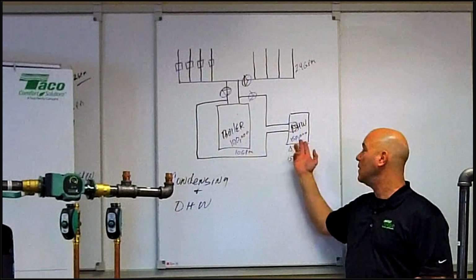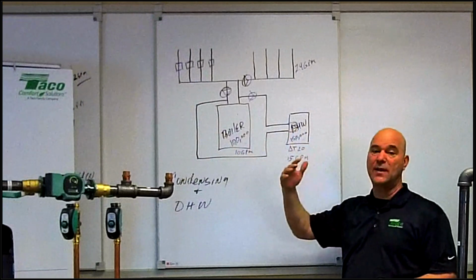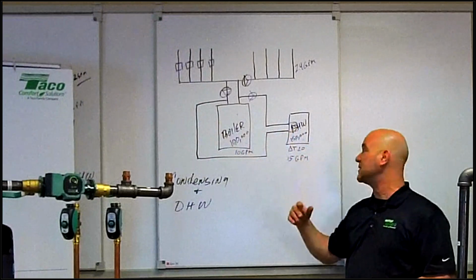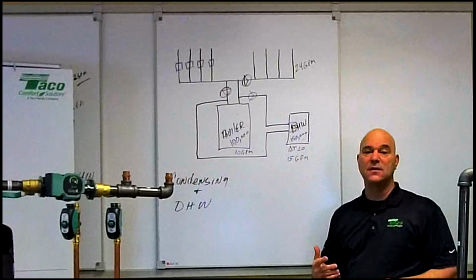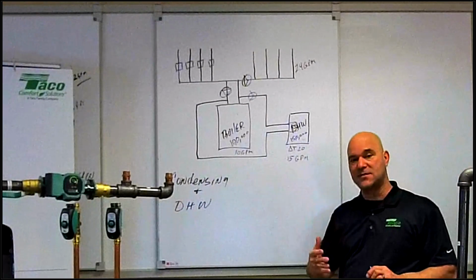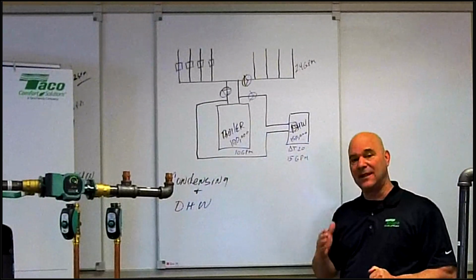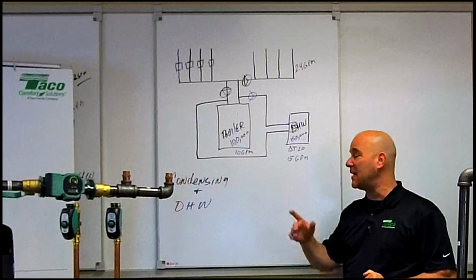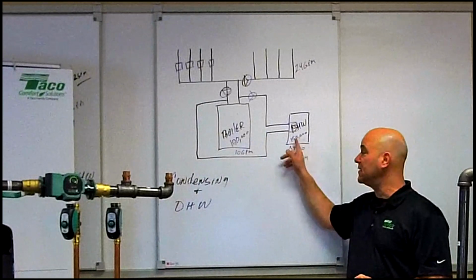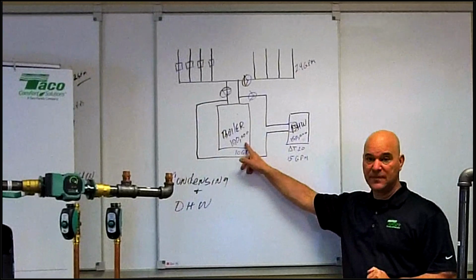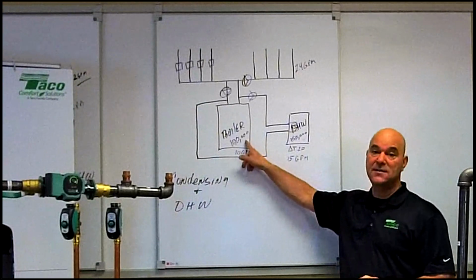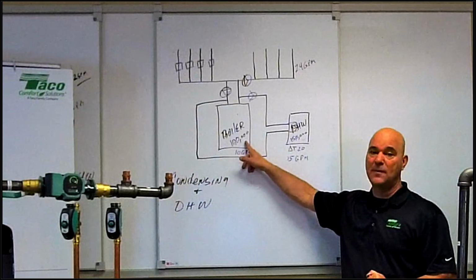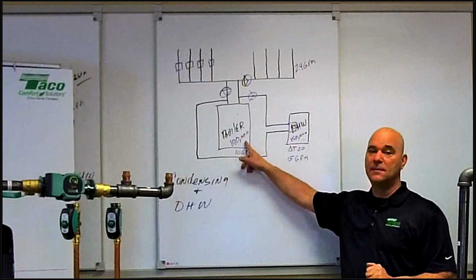So this was probably sized the way it was based on volume that the house needs. And I always stress in these classes, it's less money to buy storage than it is to buy BTU. I don't want to oversize a condensing modulating piece of equipment just because it modulates.